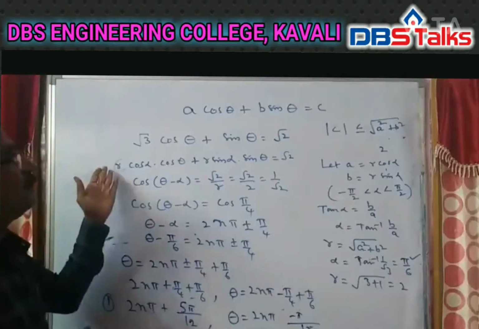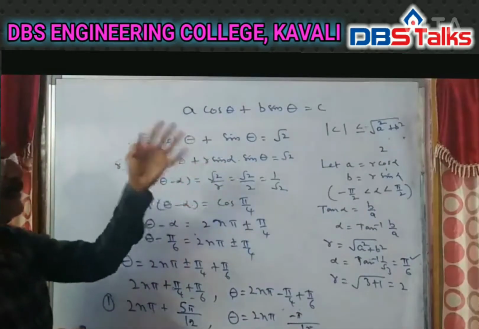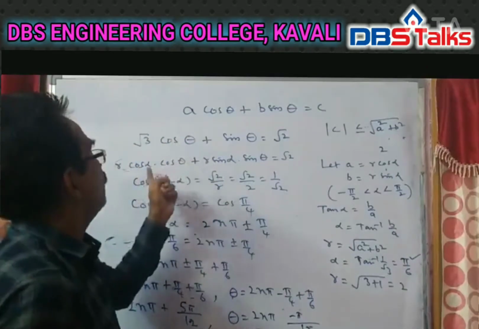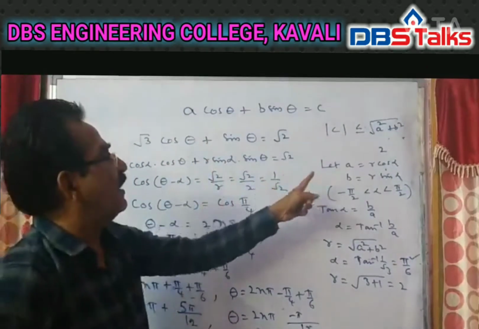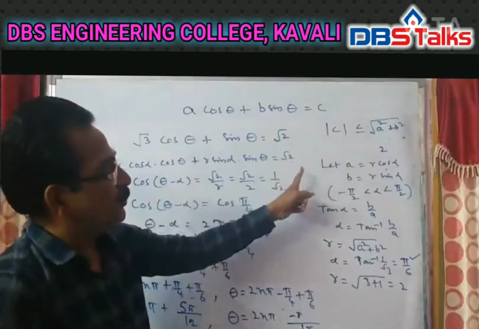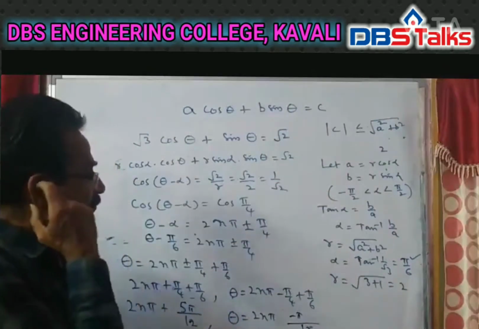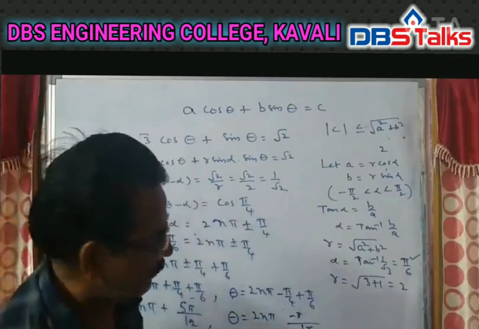Then you substitute the values of a, b and c: a is r cos alpha, b is r sin alpha, and c is root 2. Okay, friends. So now let us see one more problem.